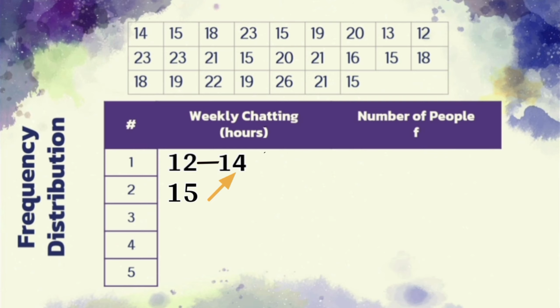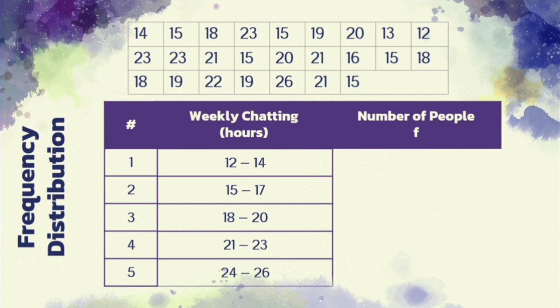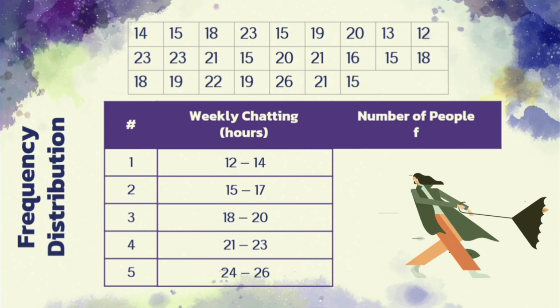The upper limit of the first class is obviously the previous value of the lower limit of the second class. Once we construct the first class, we can add the class interval repeatedly to get lower and upper limits of all other classes. Here we have no need to make the 6th class because all observations are covered within 5 classes.